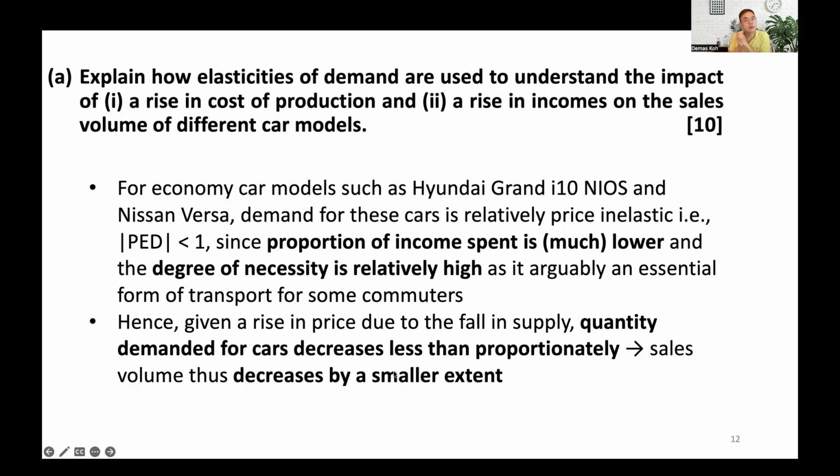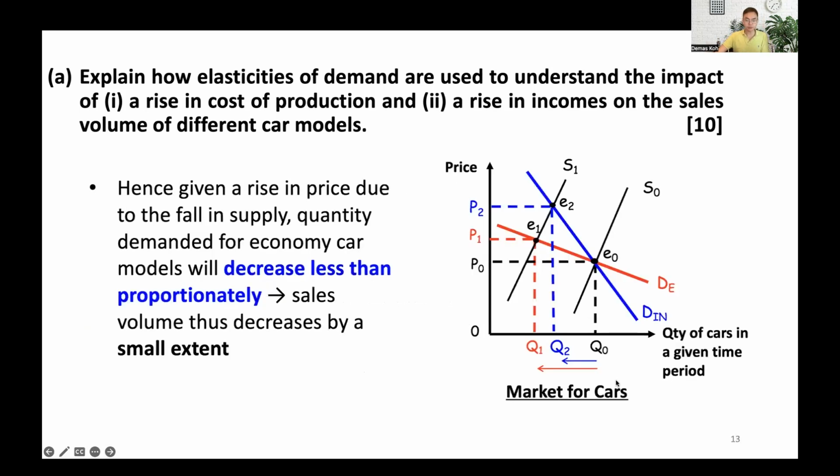So given a rise in price due to the fall in supply, we've got quantity demanded for cars decreasing less than proportionately. So sales volume would decrease by a smaller extent. And same diagram as I showed you several slides earlier, except that this time remove the portions in red, right?